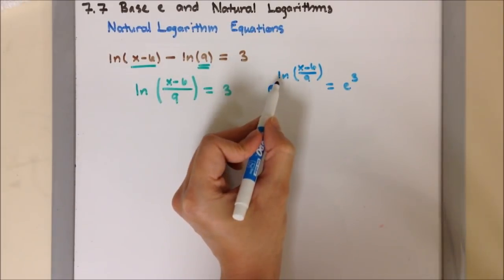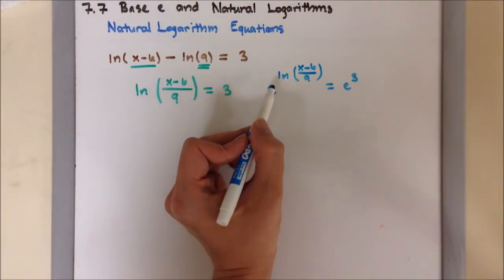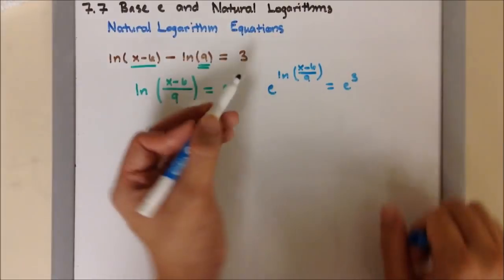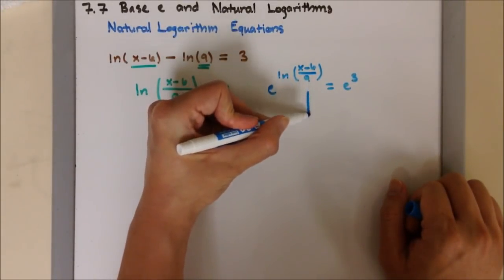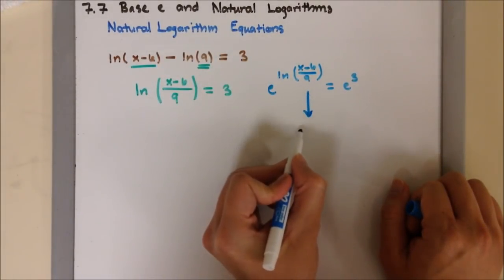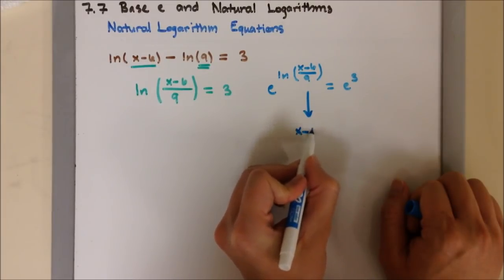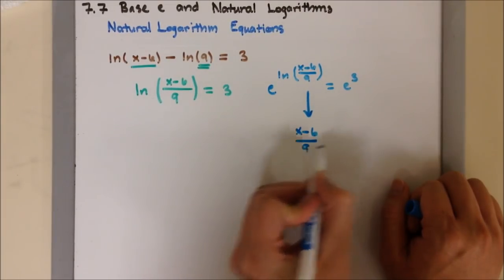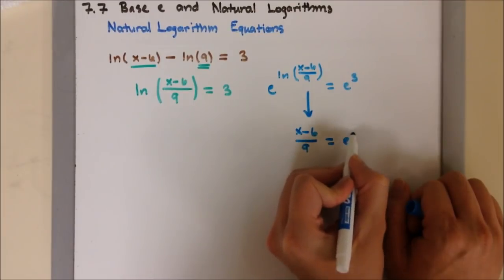So when I have e being raised to the power of natural log, I'm just going to bring down the inside, write it as a regular size, x minus 6 over 9 equals e to the third power.